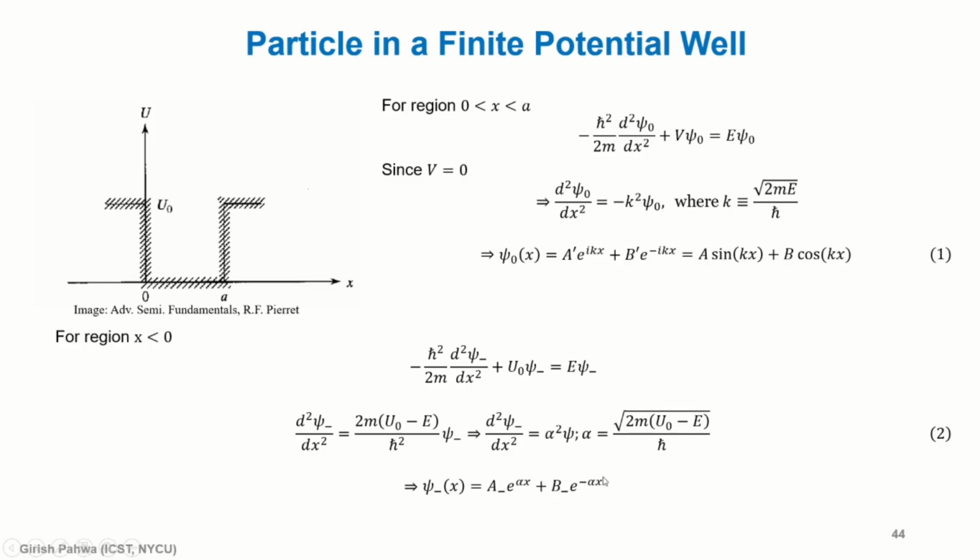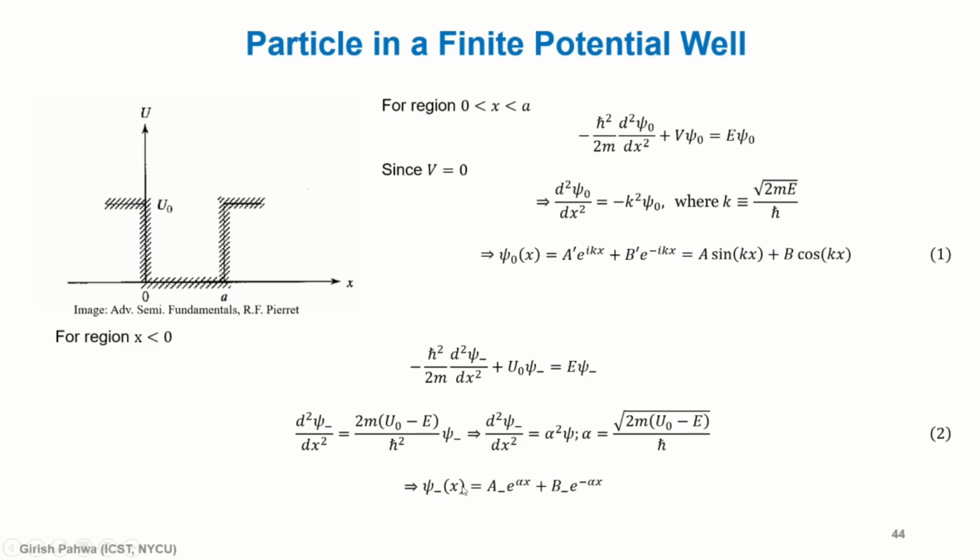What about this? If x is minus infinity, this will become e to the power alpha into infinity, plus infinity. So that will blow up this exponential. It means when you go to x minus infinity, this wave function is going to blow up. It's going to be very, very large. Is that possible? It's basically going to become infinite.